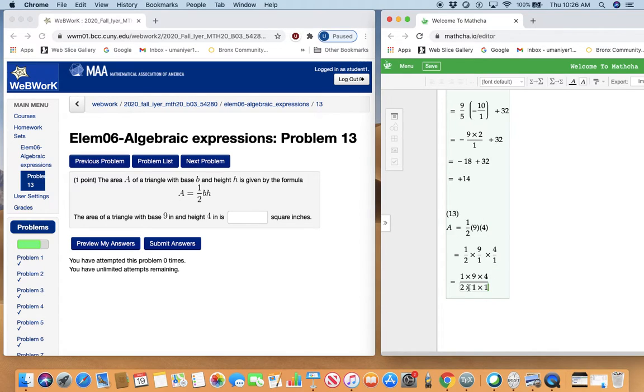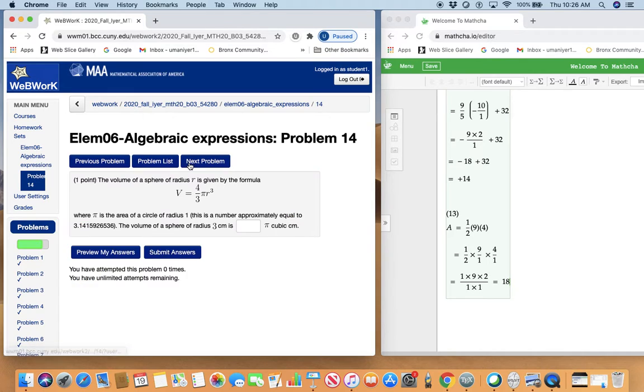Notice this 2 will reduce with this 4. 4 is 2 times 2, so one of the 2s gets cancelled by this factor of 2 in the denominator. So all I'm left with is 1 times 9 times 2, 18 over 1. That is simply 18.